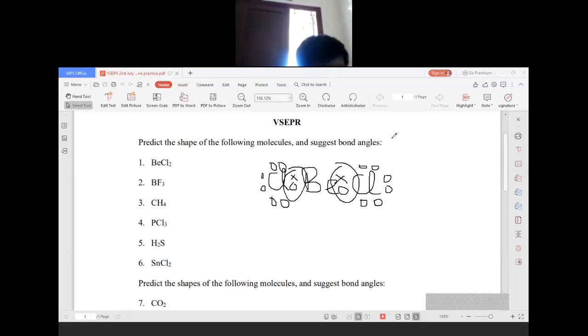If there are no lone pairs in the beryllium with only two bond pairs, it means that this BeCl2 has an angle of 180 degrees, or linear.